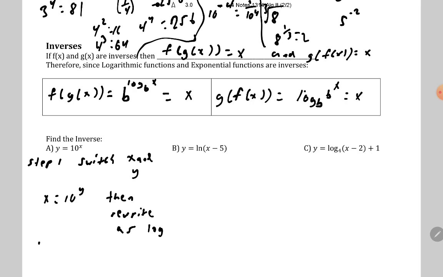So this would be y equals log base 10 of x, or you can say log of x.